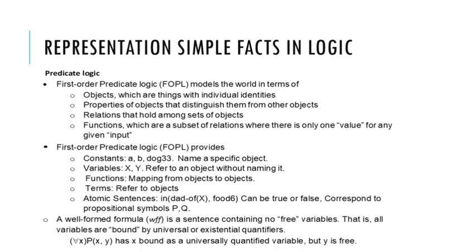Fourth, it will also see functions, which are a subset of relations, where there is only one value for any given input. These are the things that we have already discussed in the previous two slides, but here are some different sentences that have been written for better understanding.